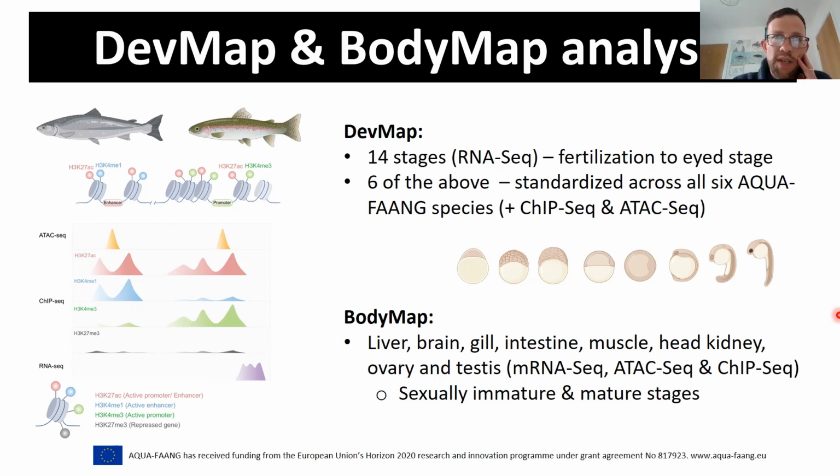And for the BodyMap data, we have a standardized panel of tissues as listed here in both sexually mature and immature stages, and where we've generated RNA-seq, ATAC-seq and ChIP-seq with the 4 histone marks shown on the left. And an important thing about AQUA-FAANG is that the samples are closely matched across the species, which makes for a really unique data set for comparative analysis.